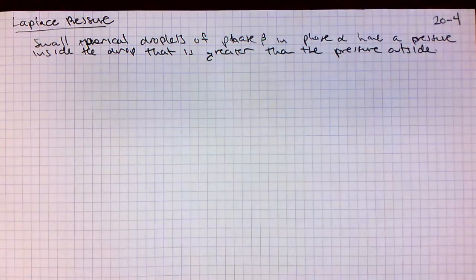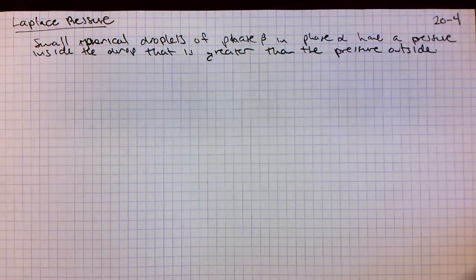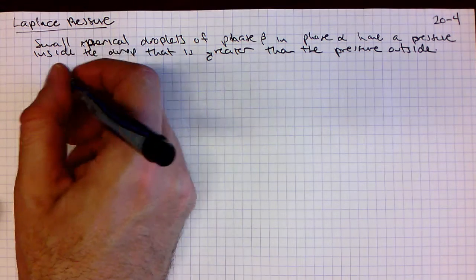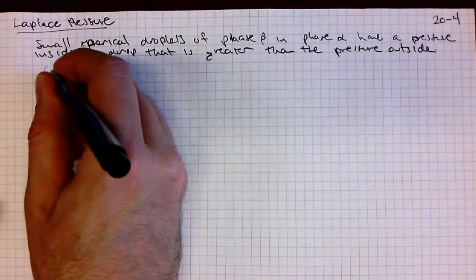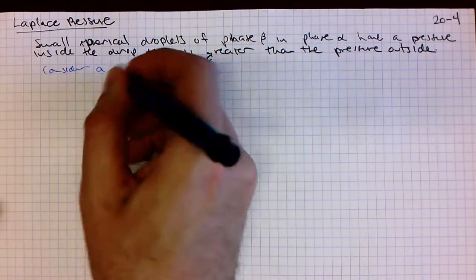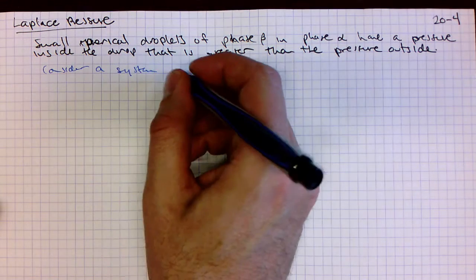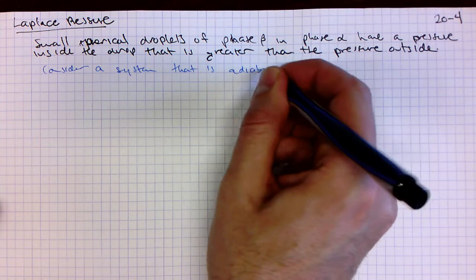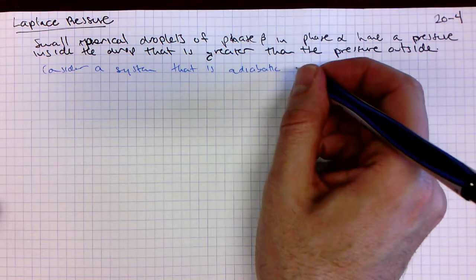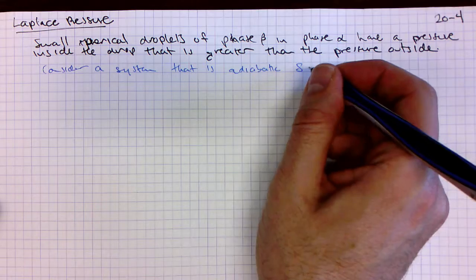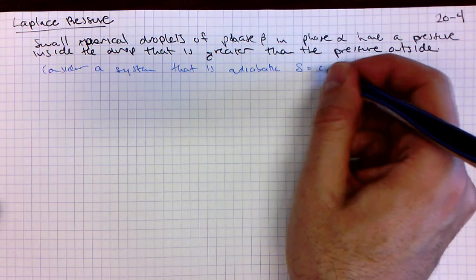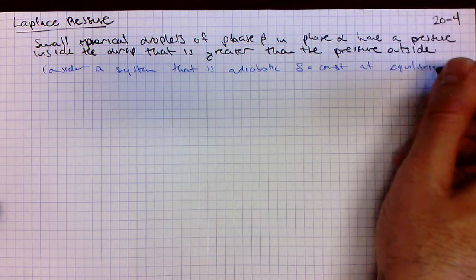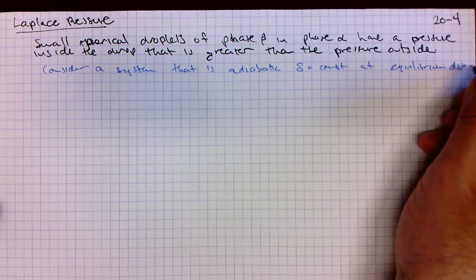So how can we see that from the thermodynamics? If we consider the total thermodynamics of the system, let's consider a system that is adiabatic, that is S is constant at equilibrium. So dU equals 0.